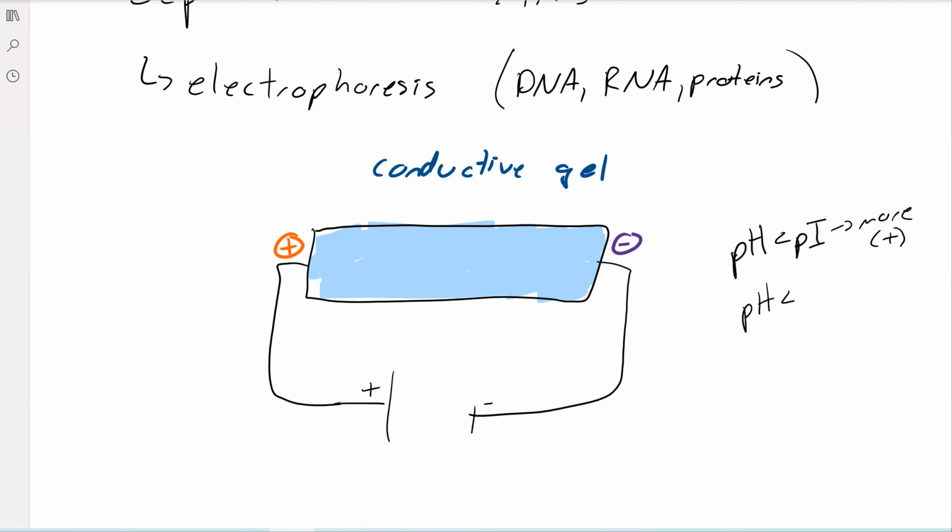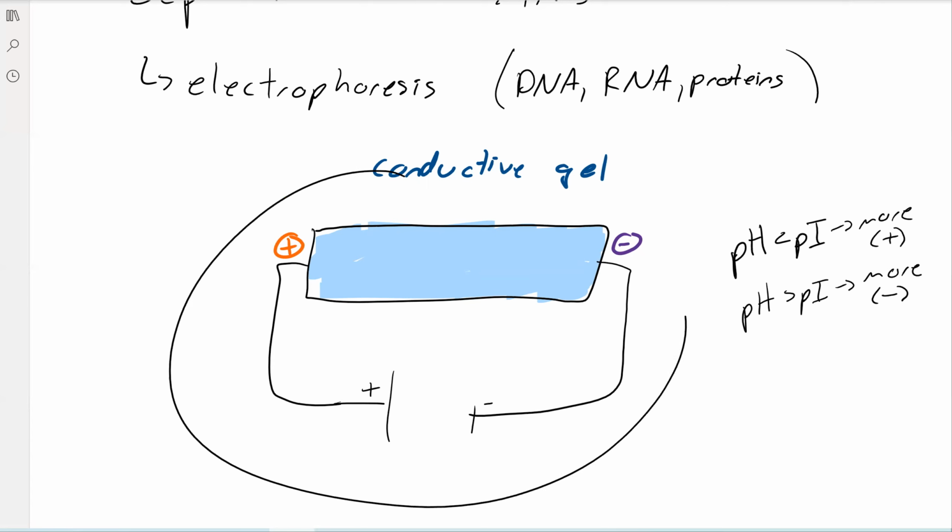If your pH is greater than your pI, you're in relatively basic conditions, and you're going to deprotonate things, which means you're removing H+, so you're becoming more negative. So just compare the pH to the pI, and then you can have different pHs of gel.